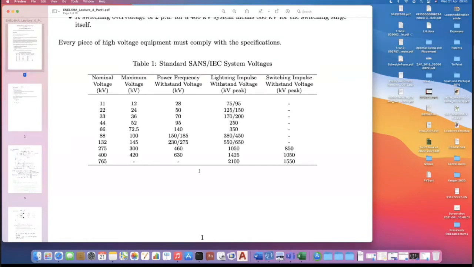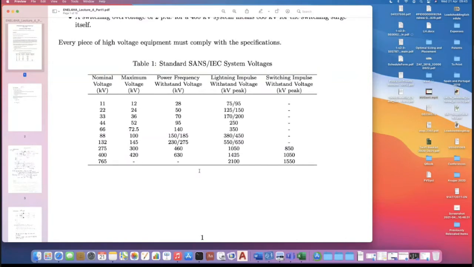So that nominal voltage is your three-phase voltage, which is your phase-to-phase voltage or line voltage. The phase-to-earth voltage, you would take that 11 kV and divide it by square root of 3. So you'd come out with around 6.3. We specify a normal maximum voltage that can occur on the system: 12, 24, 36, etc.